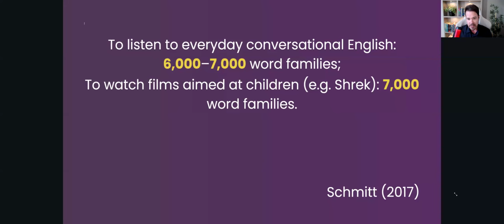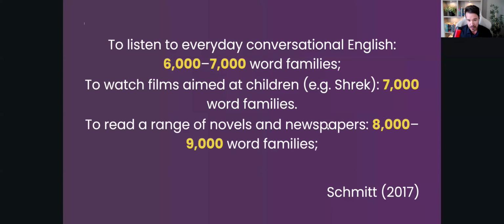So watch films aimed at kids, around 7,000 word families. Also, lots of words. And to read a range of novels, which is much more challenging, for example, than watching a movie that's aimed at kids, from 8,000 to 9,000 word families. The bottom line is students need to learn a lot of words so that we can have a very good understanding of the English language in different contexts.